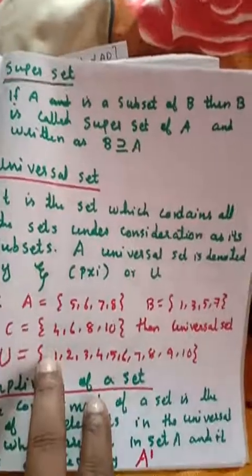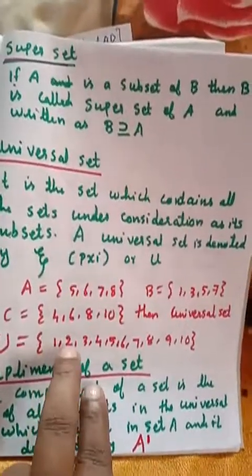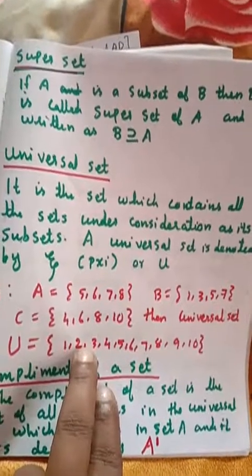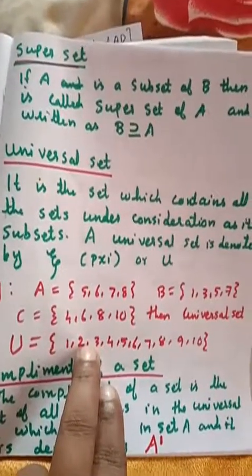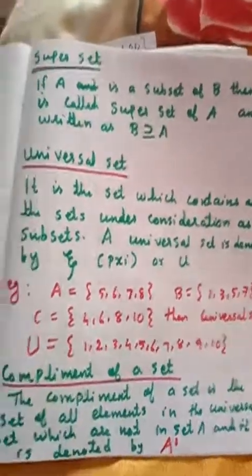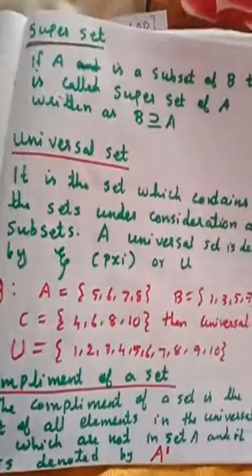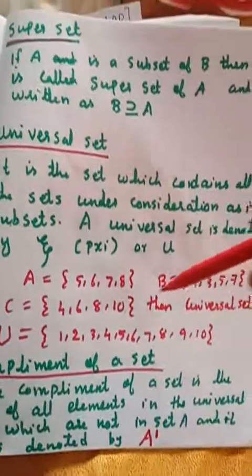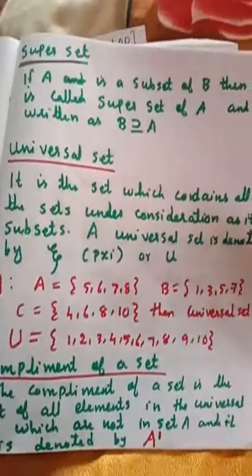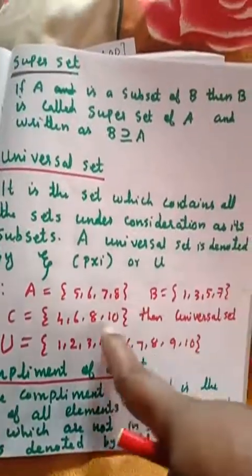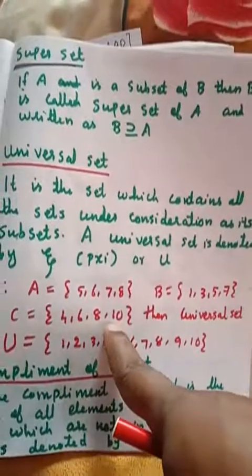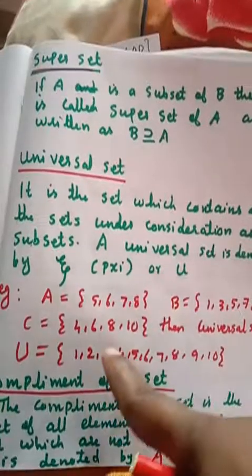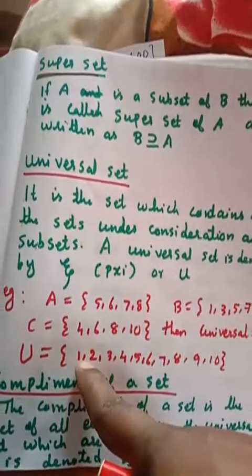That is U. Universal set U is equal to 1, 2, 3, 4, 5, 6, 7, 8, 9, 10, because U contains all the elements in A, B and C. 1, 3, 5, 7 is in B, 4, 6, 8, 10 is in C, 5, 6, 7, 8 is in A. Then we can write 1 to 10.